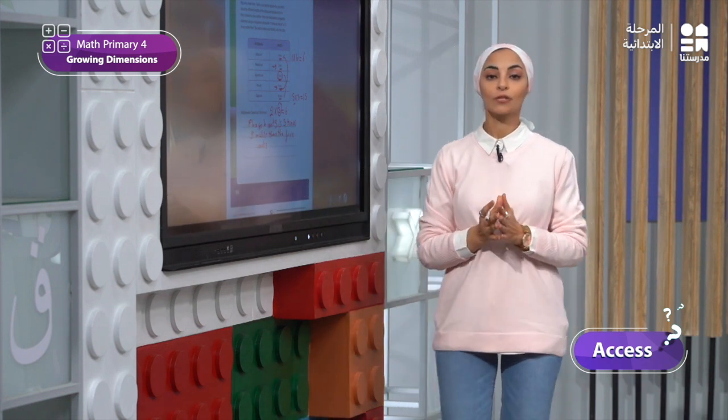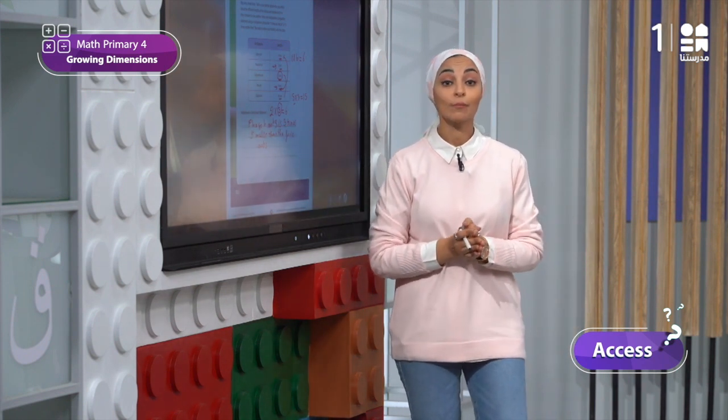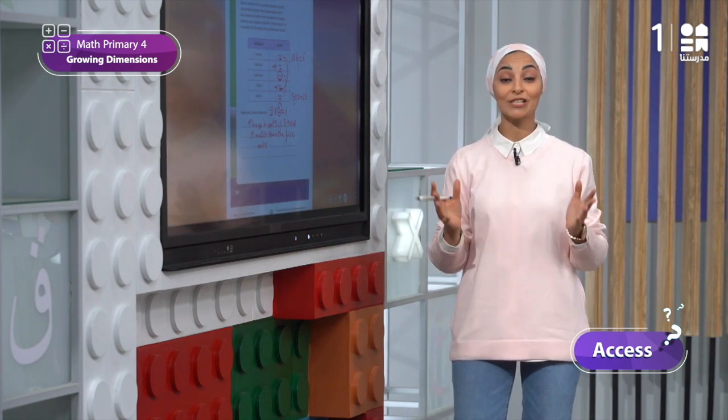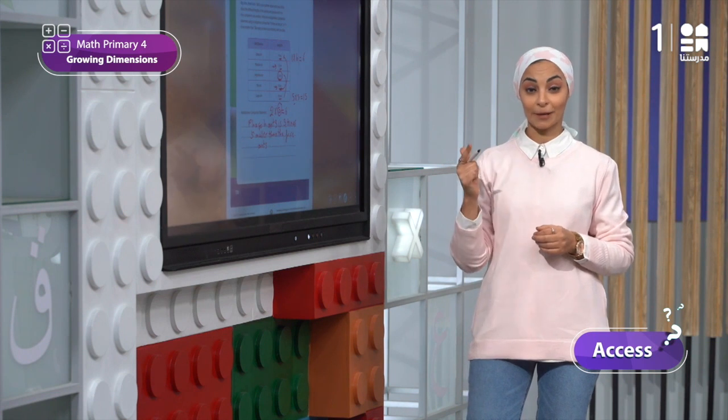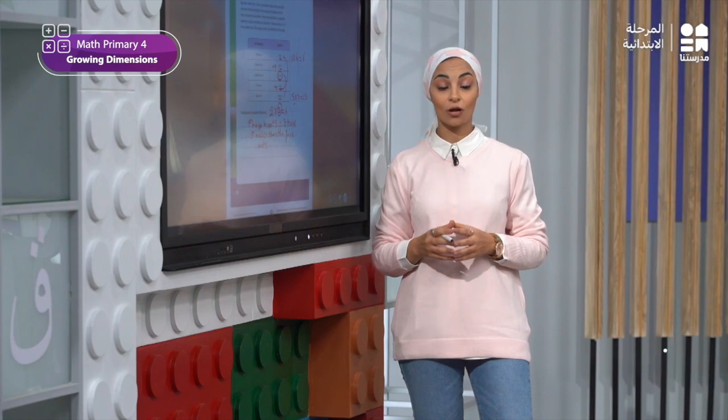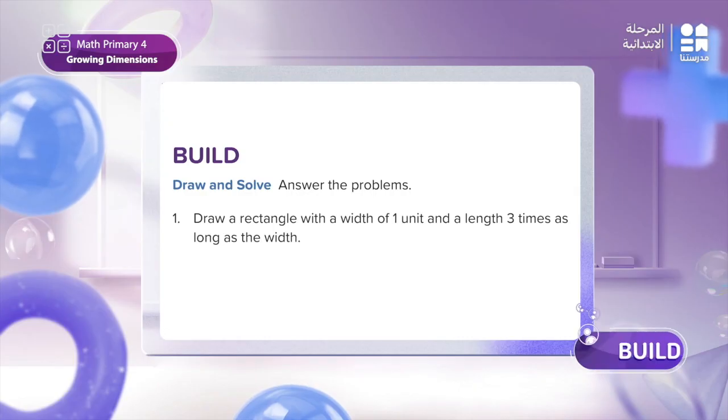Now we have been using words like times in multiplicative comparison, which we will be using to solve various problems on perimeter and area. We will see this in the build activity, draw and solve on page 187 in the school book. Let's see it all together.